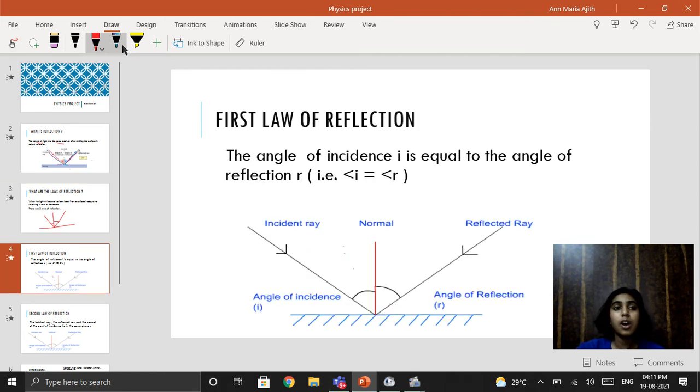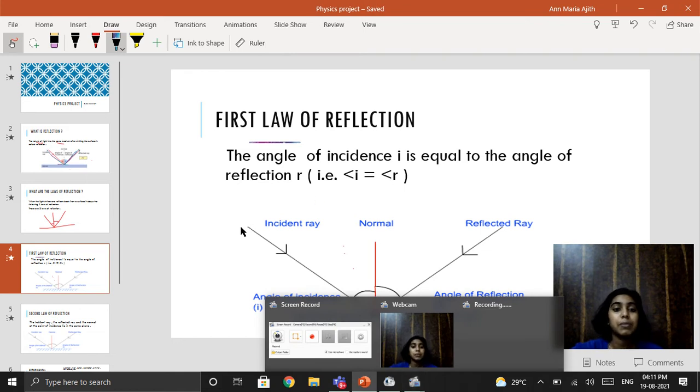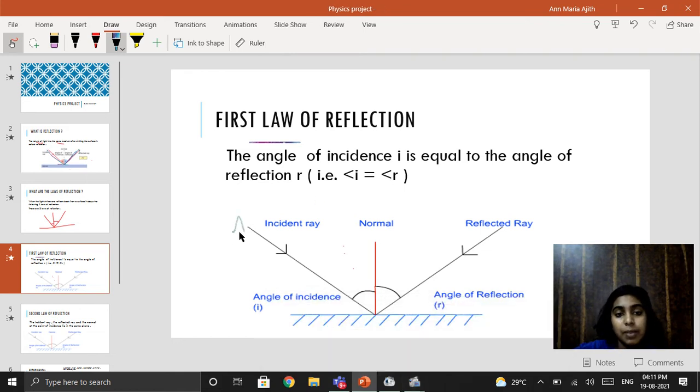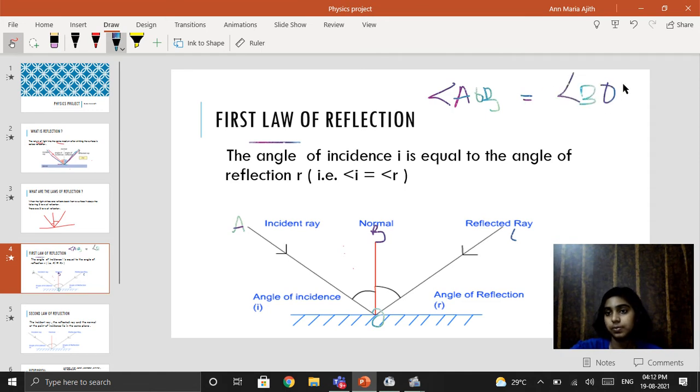The first law of reflection states that the angle of incidence I is equal to the angle of reflection R. So let me name my diagram A, C and O. So I have named my diagram. Keeping this first law in mind, I can say that angle AOB is equal to angle BOC.